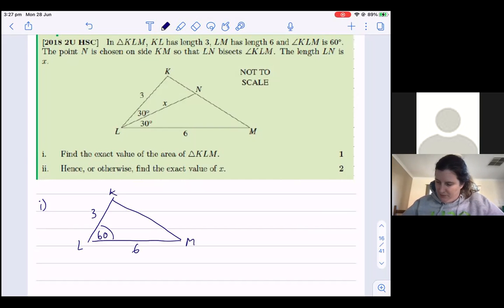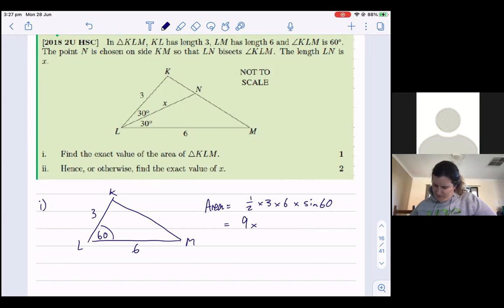So area, we've got half times 3 times 6 times sine 60. So we've got 9. Sine 60 is root 3 on 2. So that's just 9 root 3 on 2 centimeters squared.